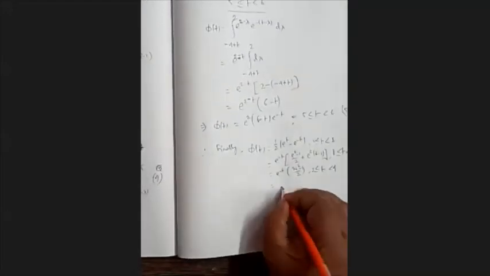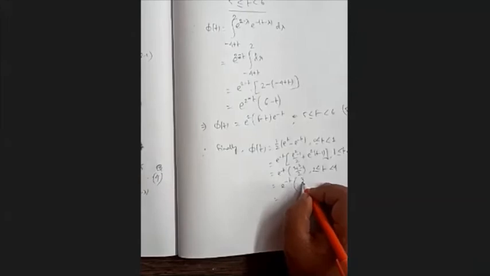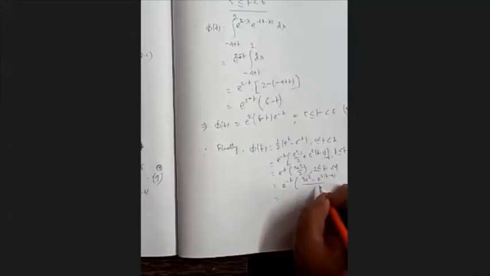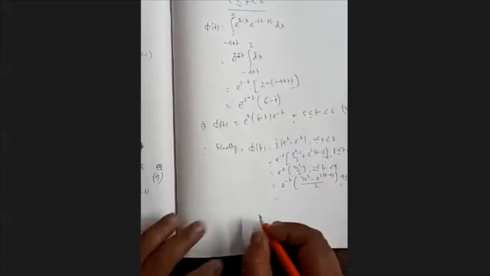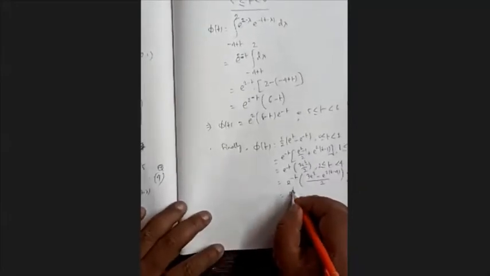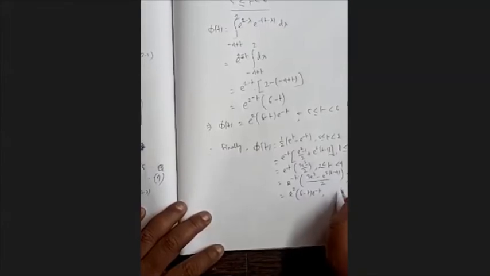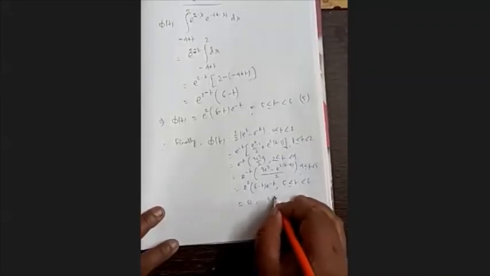So it is e to the power minus t 3 e square minus e 2 t minus 4 by 2 when t is in between 4 and 5. And finally, case 5 is e square 6 minus t to the power minus t when t is in between 5 and 6. It is 0 otherwise.